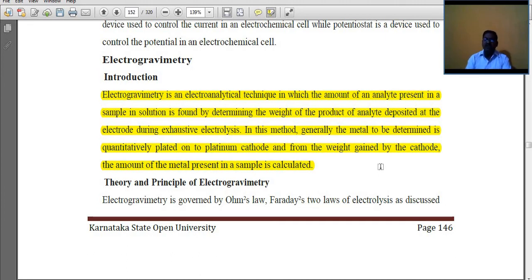In this method, generally the metal to be determined is quantitatively plated onto the platinum electrode, and from the weight gained by the cathode, the amount of the metal present in a sample is calculated.